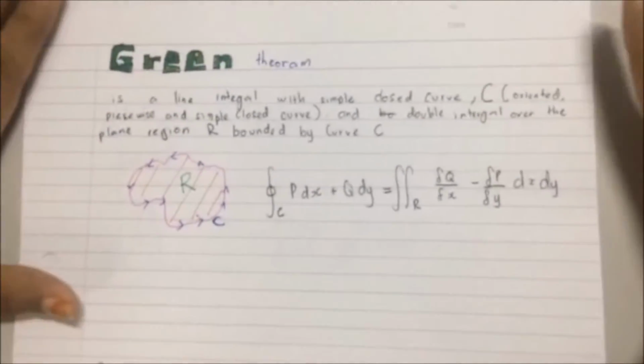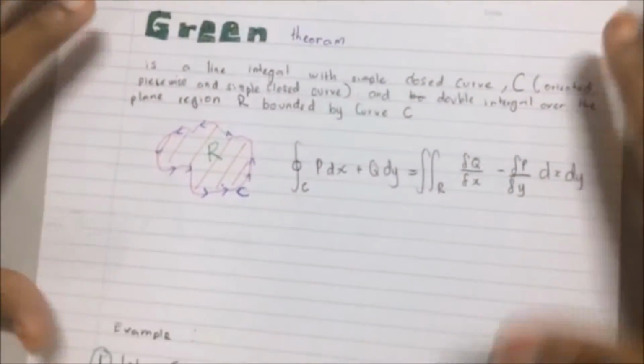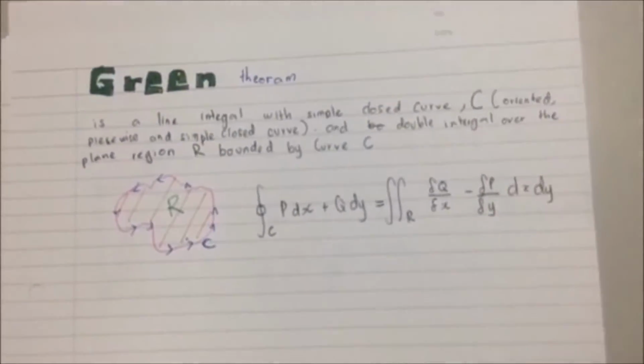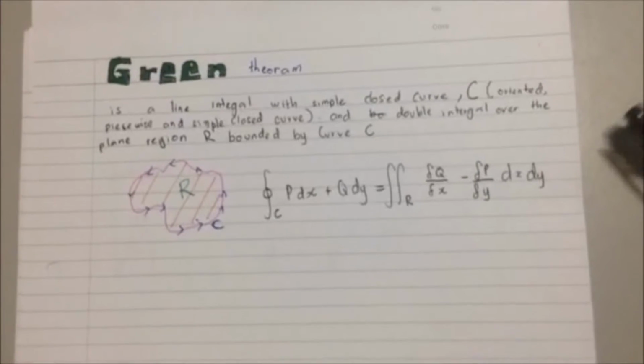So this is the theorem for Green's theorem. It's very simple. So now we go to example 1.